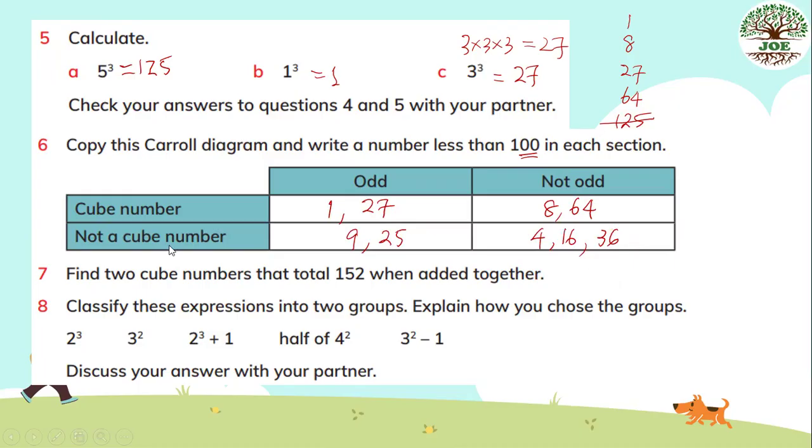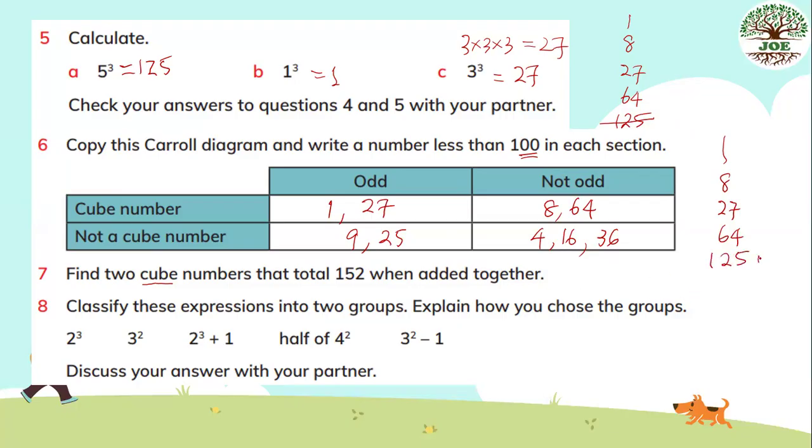Okay, number 7, find 2 cube numbers that total 152 when added together. Let's write down cube numbers first: 1, 8, 3 cube is 27, 4 cube is 64, 5 cube is 125.